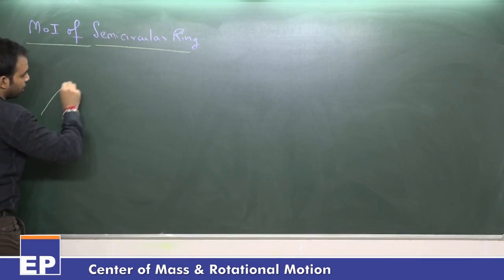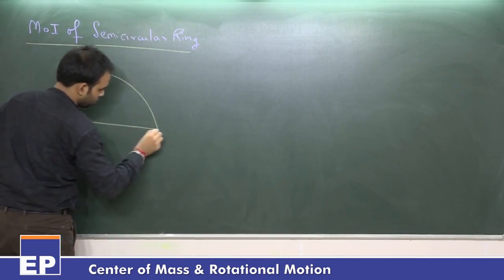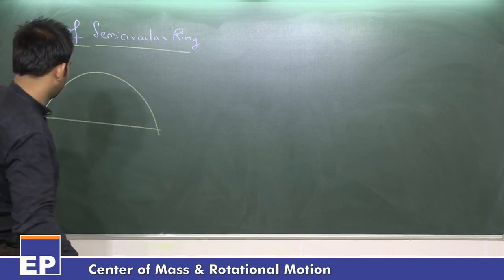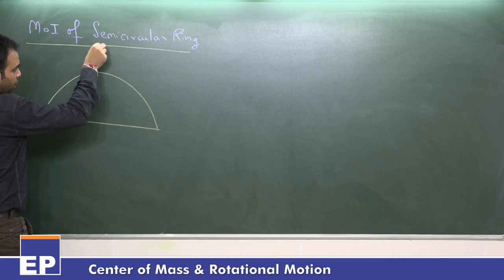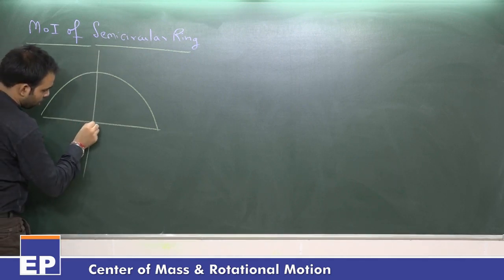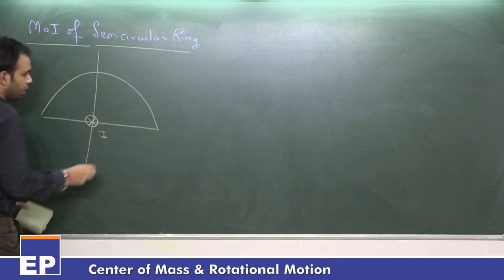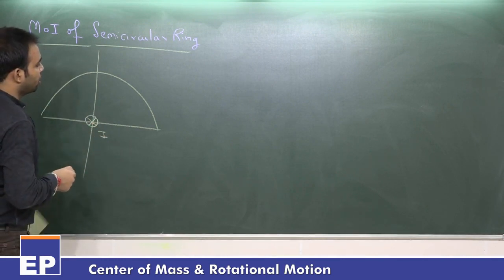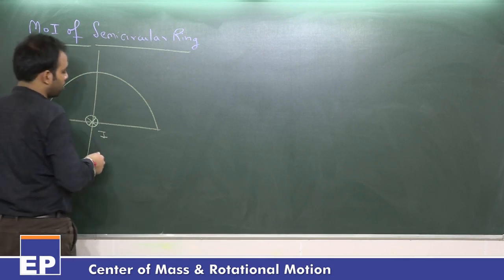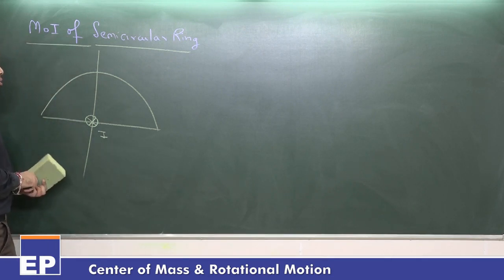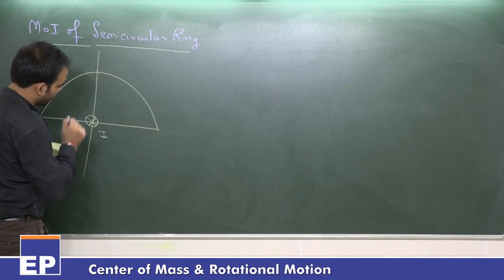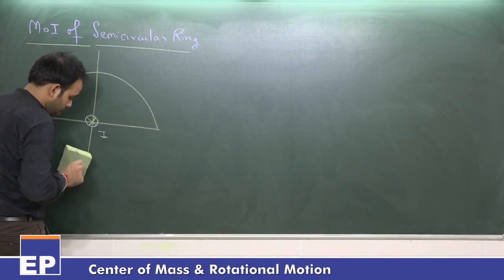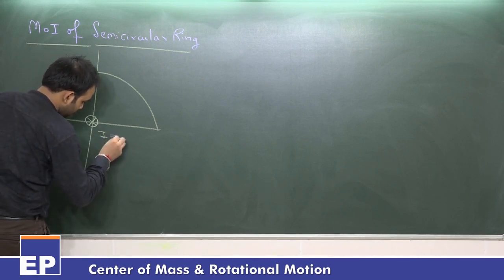If this is a semicircular ring, then first the moment of inertia about the axis, this is I. Because all the mass is lying at a distance r from there, you can directly write I is equal to mr square. For this it is I, that is perpendicular. You can directly write I is equal to mr square.